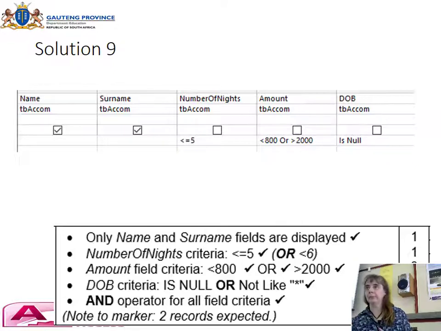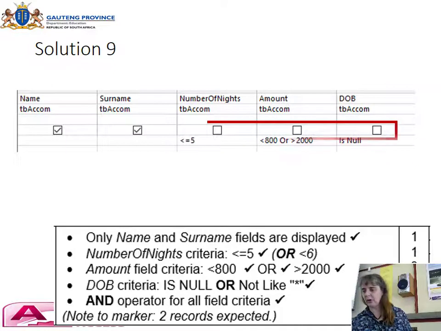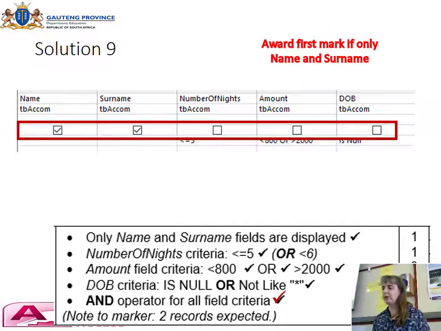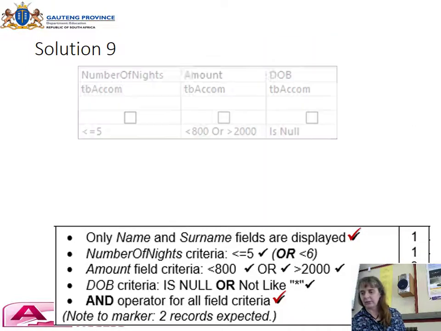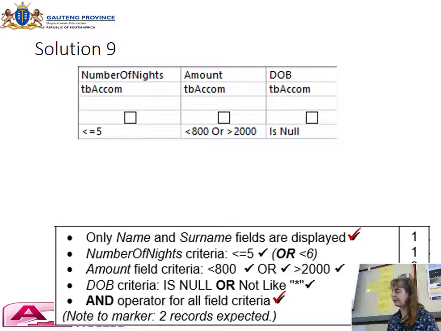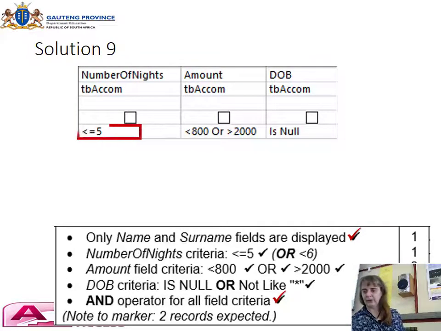Happy with that one? So how did we mark? First of all, we made sure that only the name and surname fields are displayed, meaning the ticks need to be removed from the other fields. Then we move on and look at the criteria: first the 5, so it's the number of nights they've spent.